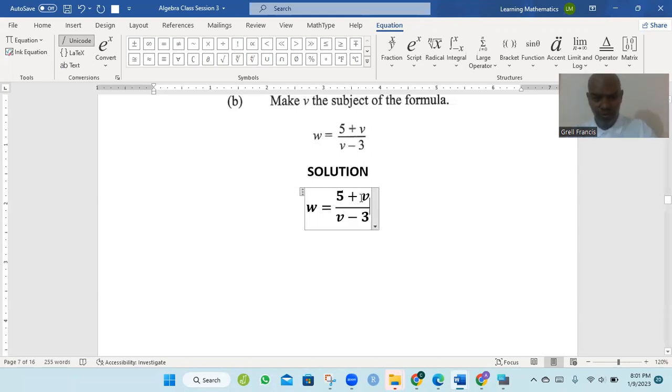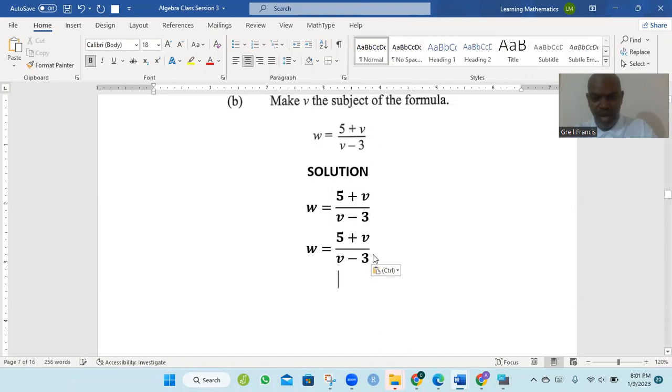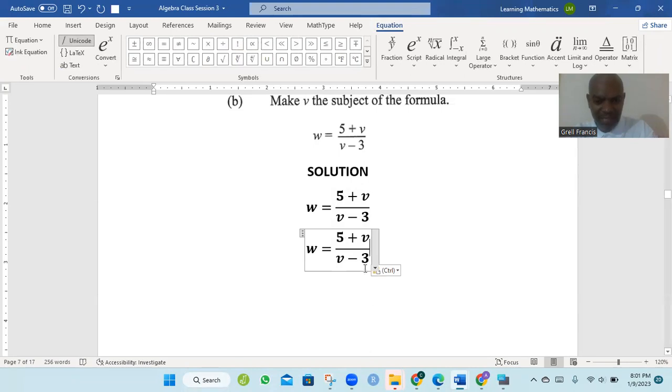So now, we're trying to get V by itself. But as you can see, you have V minus 3 below there, meaning V minus 3 is dividing into 5 plus V. So to cancel out anything that is dividing, let's put it in a bracket. V minus 3 is dividing. So write this down again with V minus 3 in a bracket.